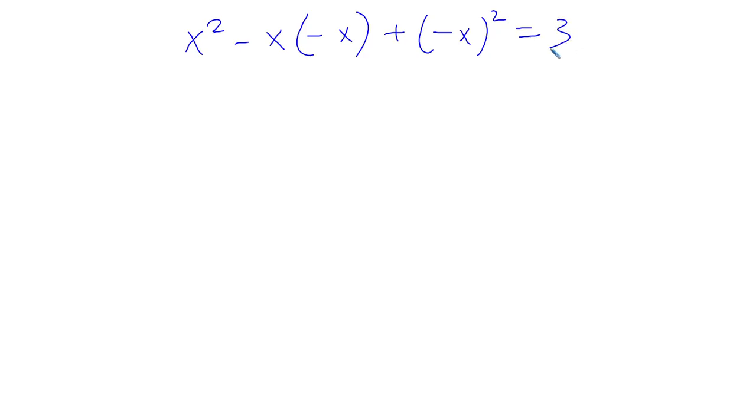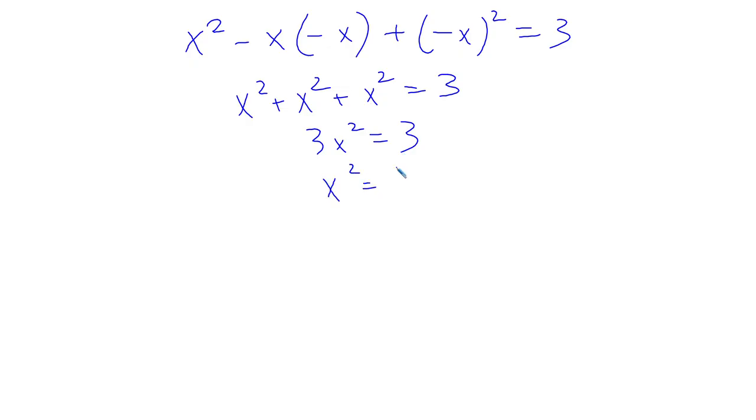So when we do that, we end up with x squared plus x squared plus x squared equals 3, or 3x squared equals 3. And if 3x squared equals 3, then x squared equals 1, and x would be plus or minus 1.